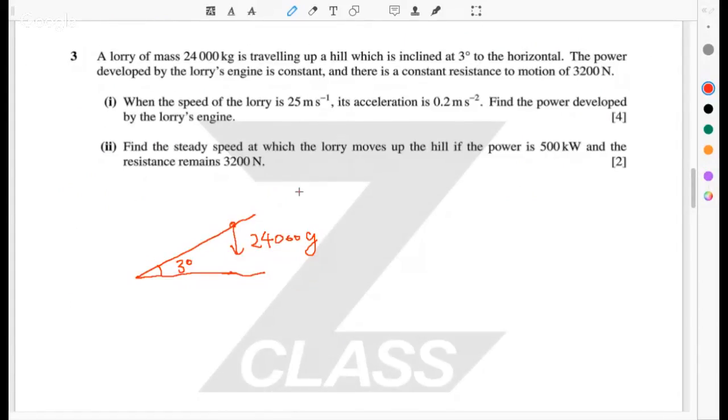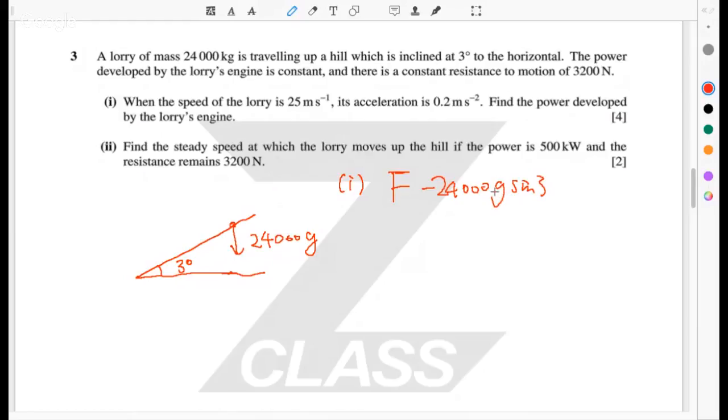We should apply Newton's second law to the lorry. So F minus 24,000 g sine 3. This is also the component of gravity parallel to the slope as we did before.